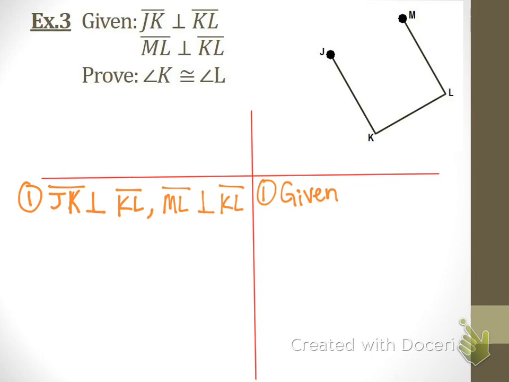A right angle. So I could say on step 2 that what angle is a right angle? Angle JKL is a right angle. I'm fine with RT for right and this angle symbol for angle.